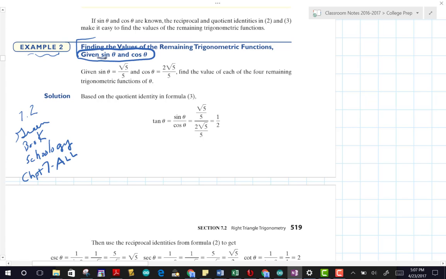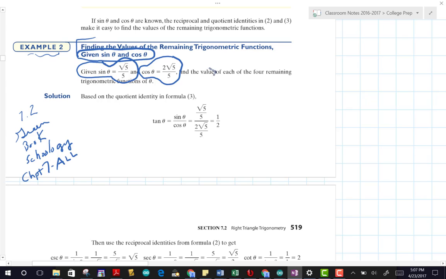So this problem tells us that sine is equal to square root of 5 over 5, and cosine is equal to 2 over the square root 5. So we could figure this out by drawing our triangle and placing our opposite and our hypotenuse, but we could also use our identities, right? So you can see that they did that here.